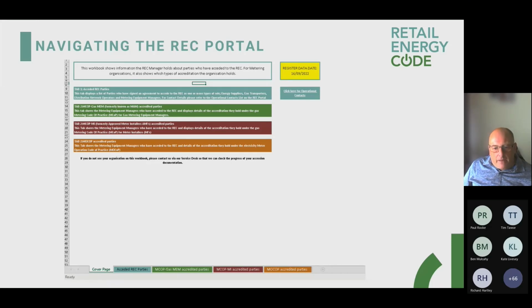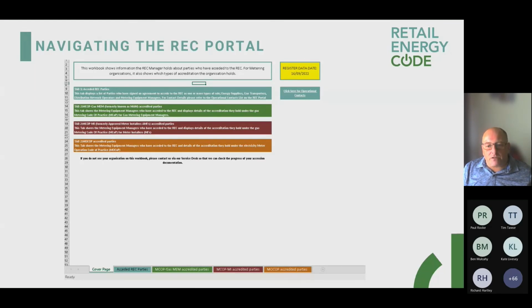Then you'll see the MCOP gas MEM accredited parties, which are MEMs and AMIs in one list. The next list is the approved meter installers, and then the MCOPA accredited parties.